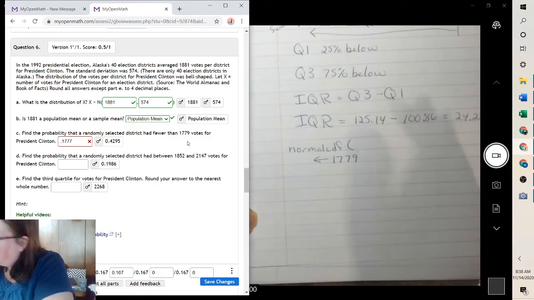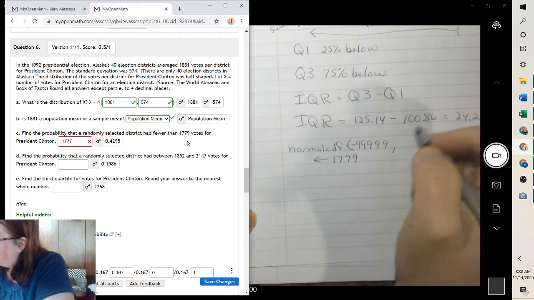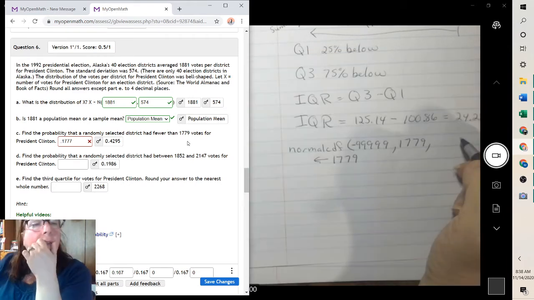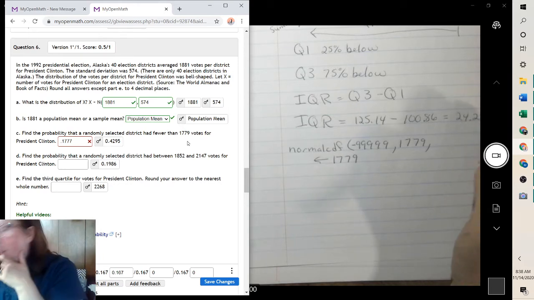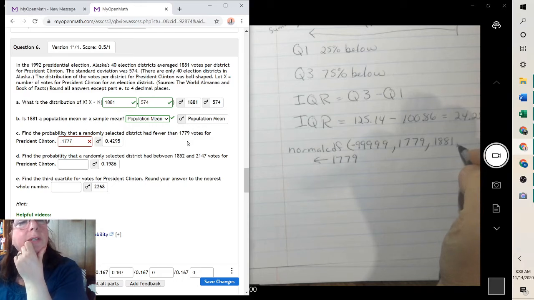So your lower is a really small negative number, negative 99999. And then the mean, which was 1881. And the standard deviation, which was 574.